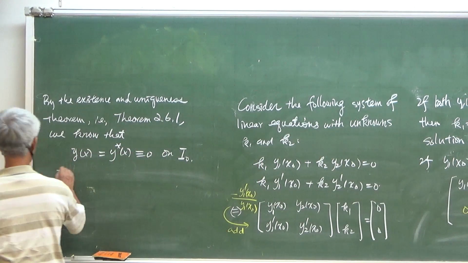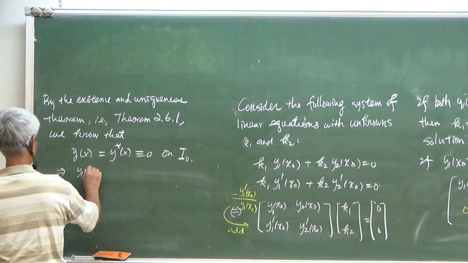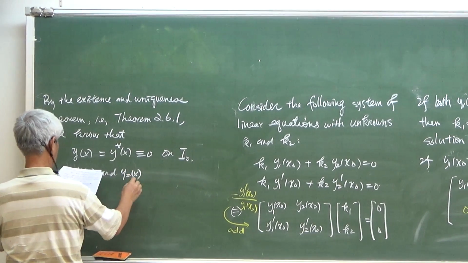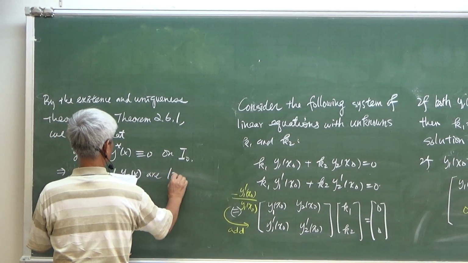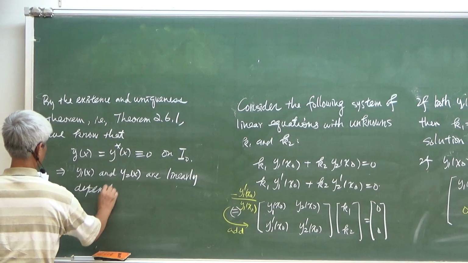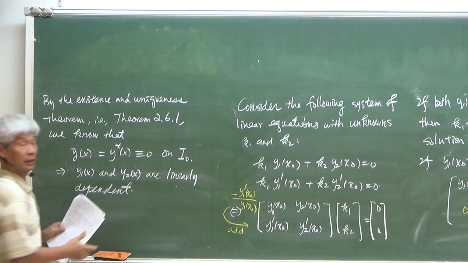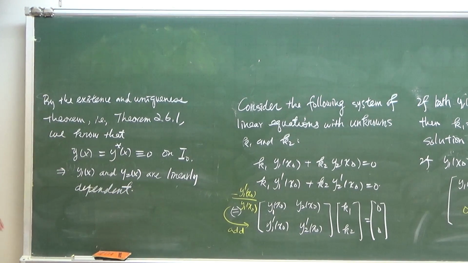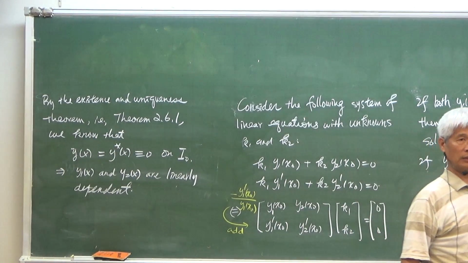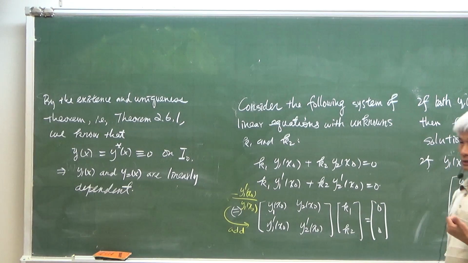Okay, so this implies that y1 x and y2 x are linearly dependent. So we prove y of x is equal to the 0 function by using the existence and uniqueness theorem.